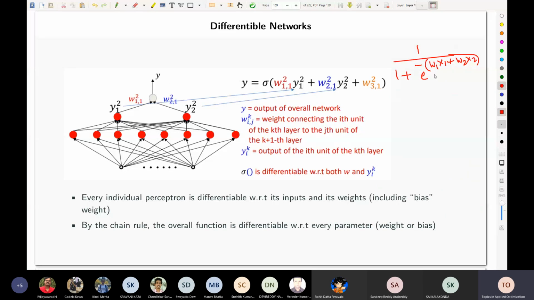Not really. In fact, it looks something like this, and certainly it's not convex because the line joining two points on the graph is below the graph. So sigmoid itself is not convex.